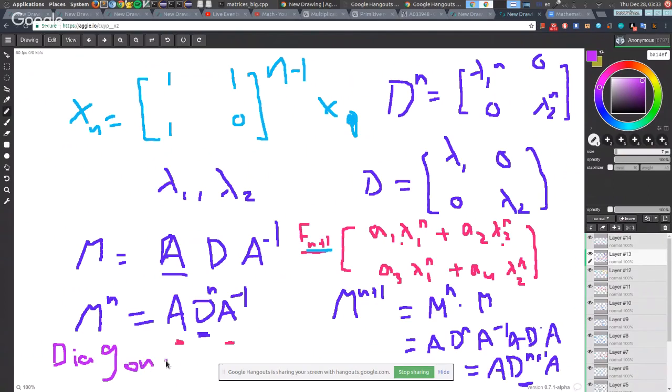We can find a diagonal version of any matrix such that this property is satisfied. And this matrix A depends on the eigenvectors of the corresponding eigenvalues. So just to keep in mind.